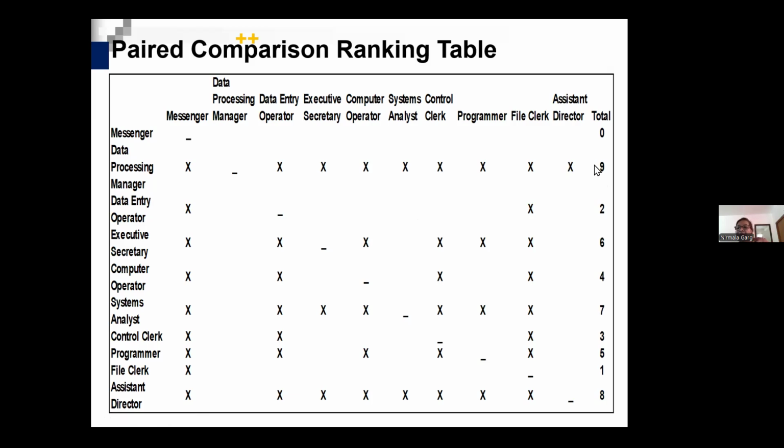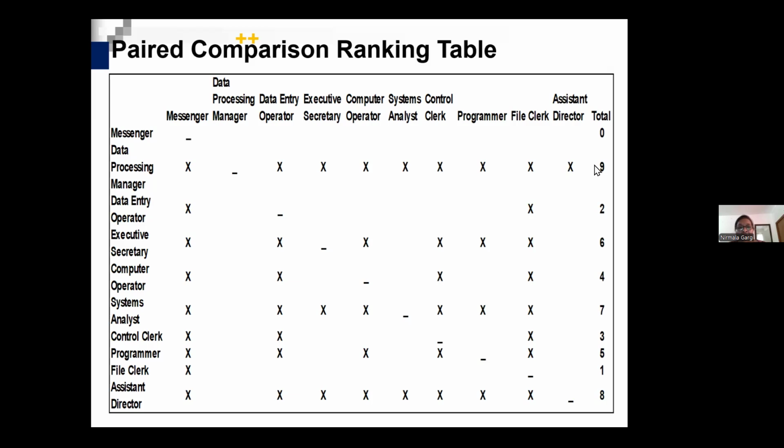You have actually ranked all the jobs. So by ranking all the jobs, what have you got? You have actually got the relative worth, highest to lowest or lowest to highest. Now, you only got the ranking, but how will you fix a salary grade?